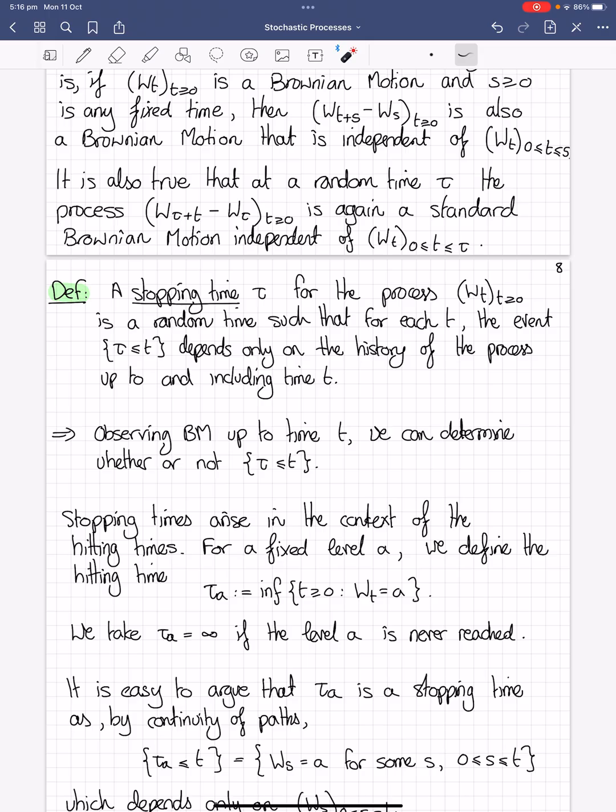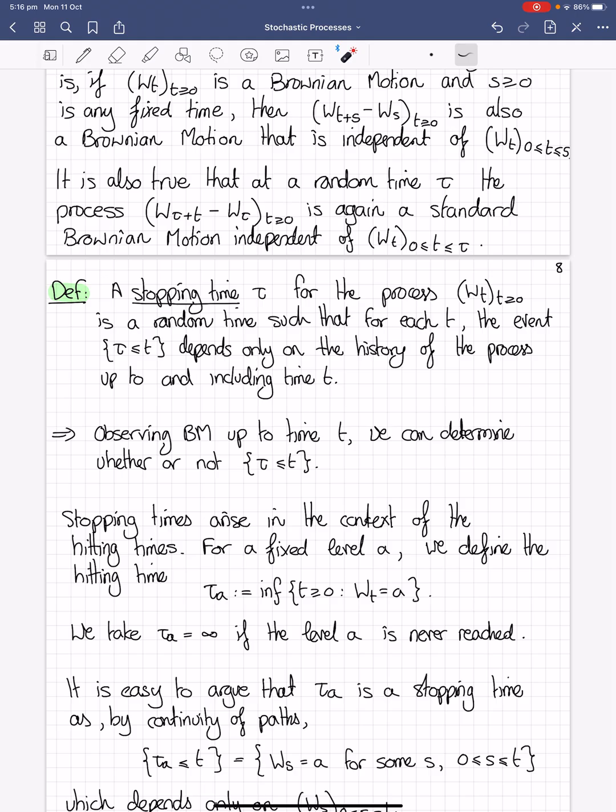We say that a stopping time tau for the Brownian motion is a random time such that for each t, the event that tau is less than or equal to t depends only on the history of the process up to and including time t.